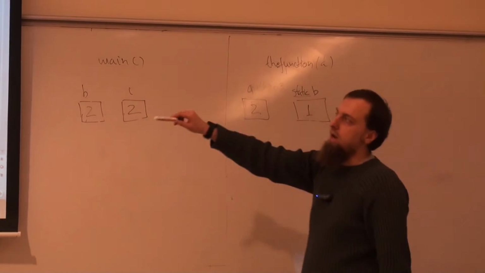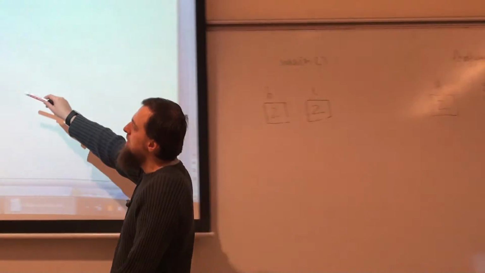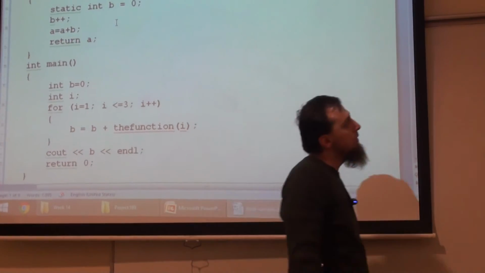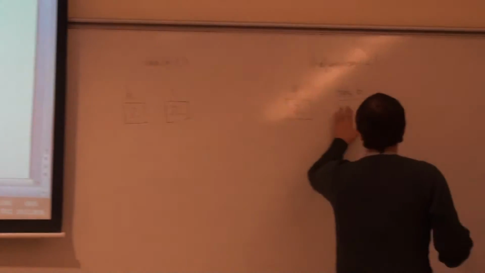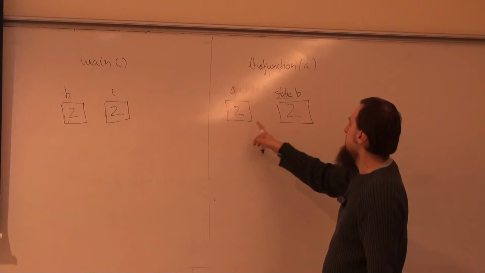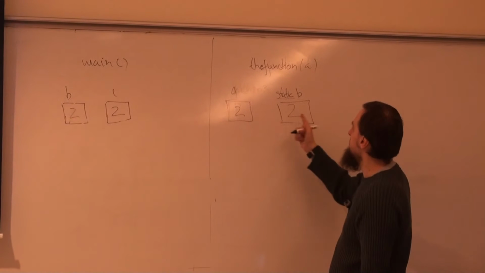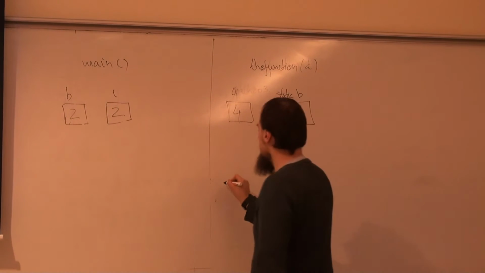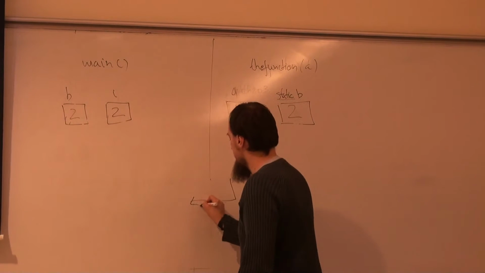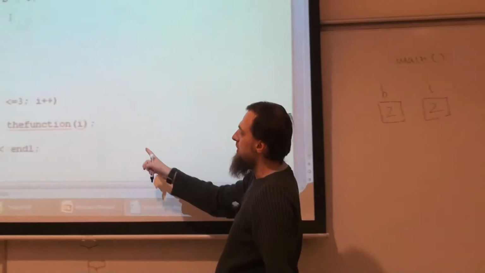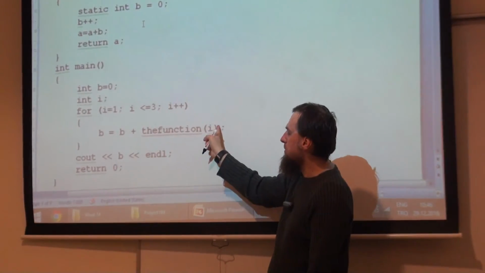I go to the second line, and the second line says that b is equal to b plus 1. So b is going to be 2. Then a is equal to a plus b. So 2 plus 2 is 4. And I'm returning a. I'm going to write return. So I'm returning 4.